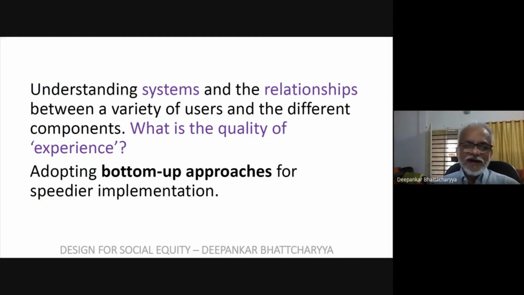And the other big thing that it does for us is gives us something called a bottom-up approach to problem solving. Now, a bottom-up approach has quite a few advantages. I'm not saying it's the only way to do things, but it has certain advantages. For example, speedier implementation is certainly one, because if everybody agrees, or if it ties into everybody's motivations, then why wouldn't everyone adopt it?